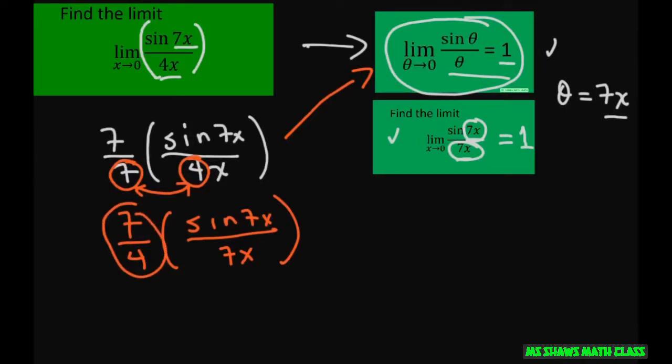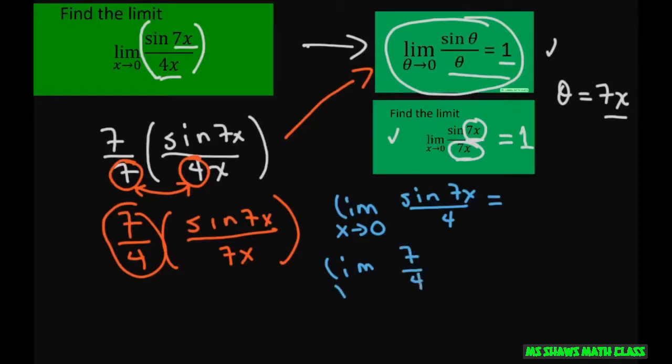Now the way we can write it is the limit as x approaches 0 of sine of 7x divided by 4x equals the limit of 7/4, and I'm going to rewrite this as sine of 7x divided by 7x.